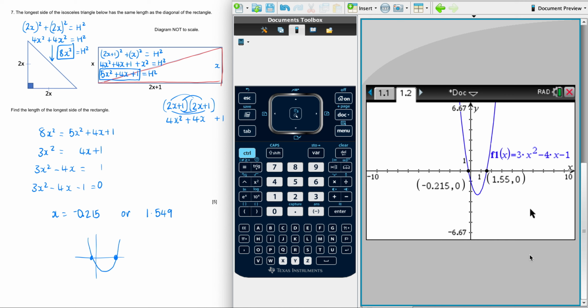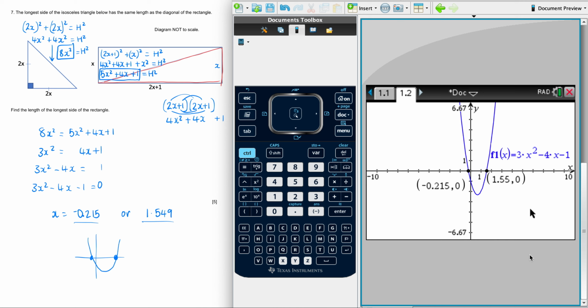Now, for that question, the actual answer was to find the length of the longest side of the rectangle. So we've not managed to find the answer yet. We also have two answers, and we need to check whether they both work. Given that x is a length, the height of the rectangle, x cannot be minus 0.215 because that's a negative number.